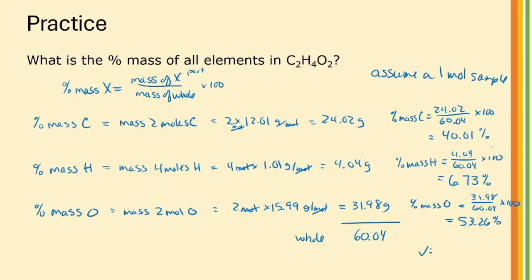Now, as a check, all 3 of these should add to 100. 40.01 plus 6.73 plus 53.26.